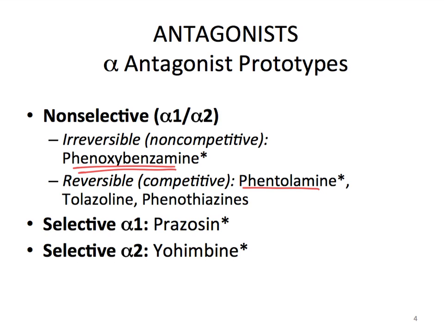And what we mean by irreversible is that it actually covalently binds to the receptor, takes time for its action to become complete, and it takes time for it to go away. It has often been used for the treatment of urinary urethral spasm in cats post urethral obstruction, but now that has been to a large extent replaced by a drug below, which is more specific and reversible, called prazosin.